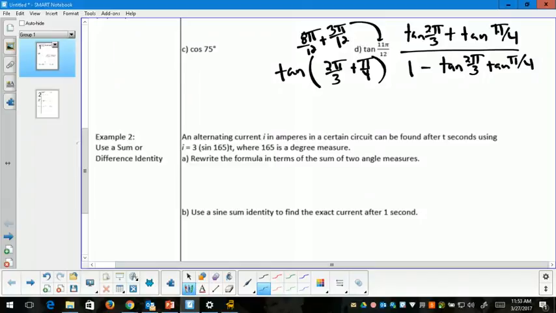So now I'm going to evaluate those and then try to simplify this large fraction that we have. Tangent's not as convenient as the sum and difference identities for sines and cosines.